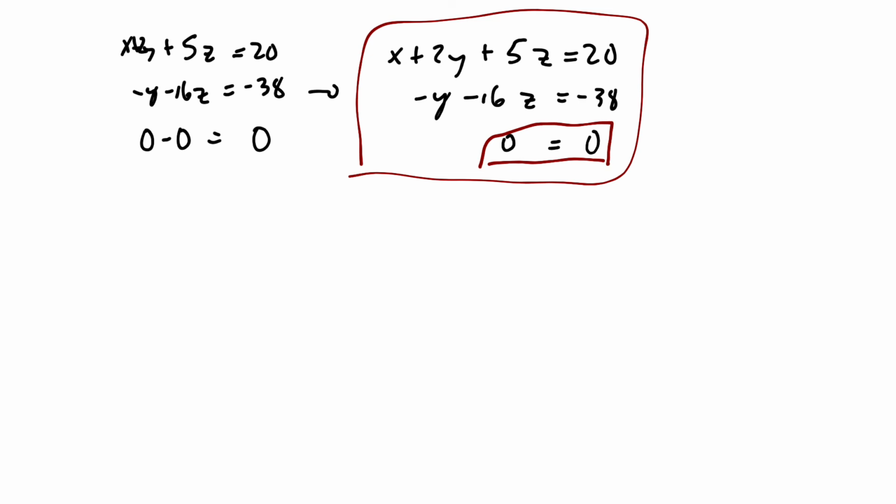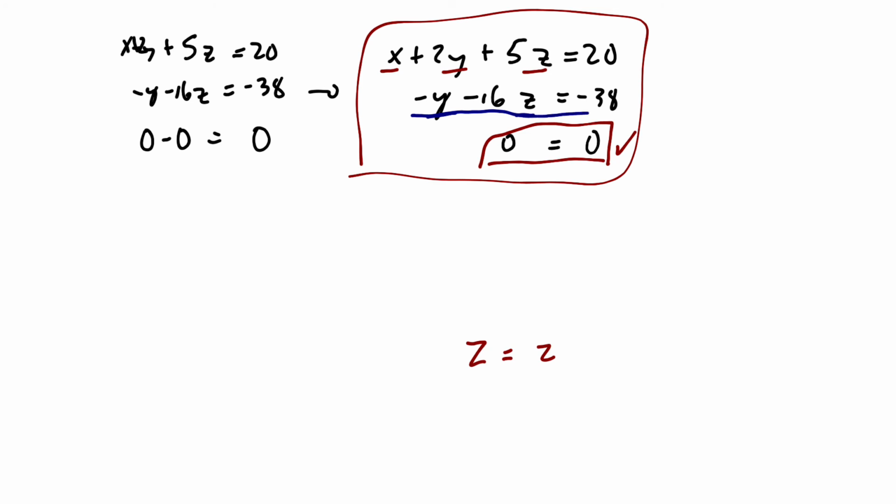Since we have x, y, and z in equation 1 and y and z in equation 2, but we don't have any real restraints in equation number 3, then we have a free variable. So generally, when we don't have anything going on in equation 3, and we have x, y, and z represented in the other equations, then we say that z is equal to z.